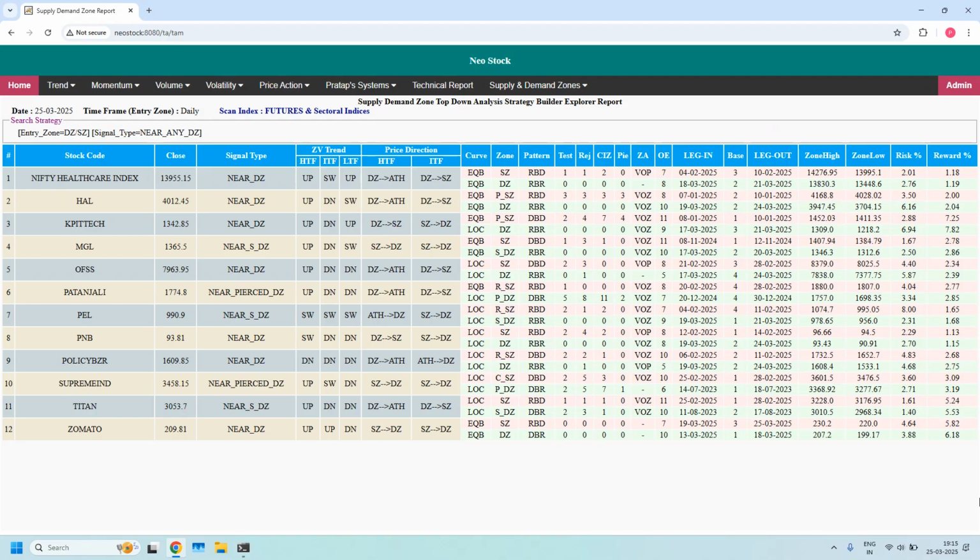Out of these 12, these are the stocks near the demand zone. Let us identify high liquidity demand zones from this list. MGL is having a high liquidity daily demand zone.